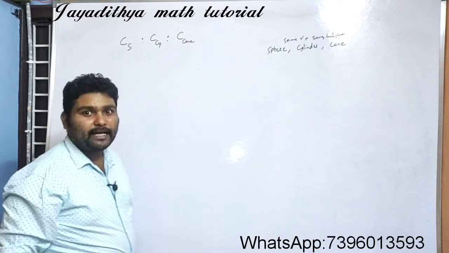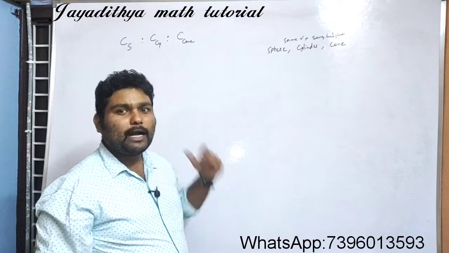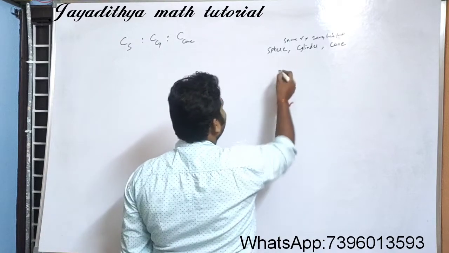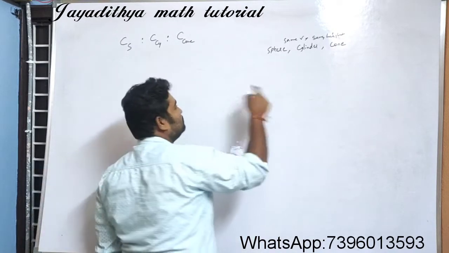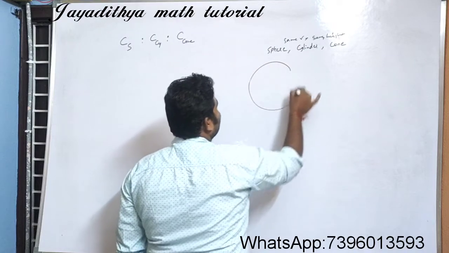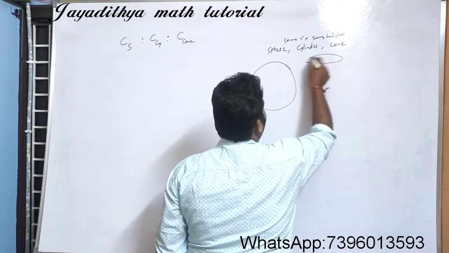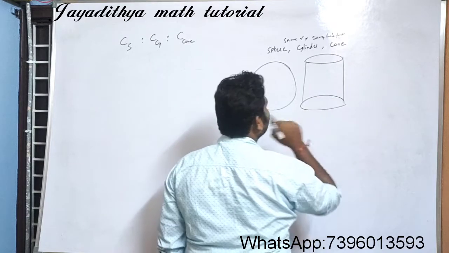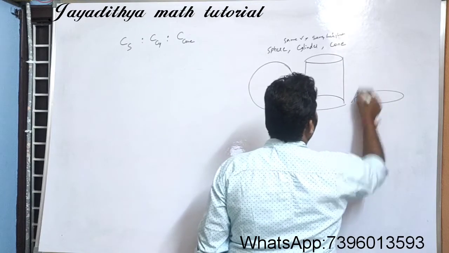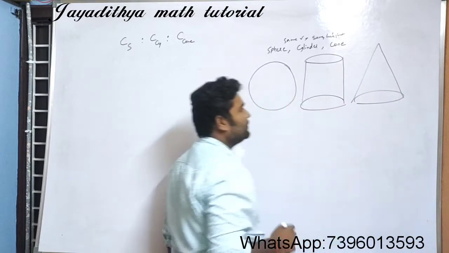First of all, let us try to understand what happens here. I have already told you in my previous class about this part. Here we have a sphere, a cylinder, and we also have a cone.